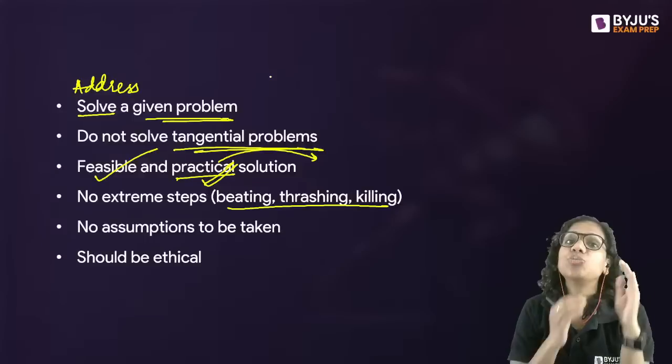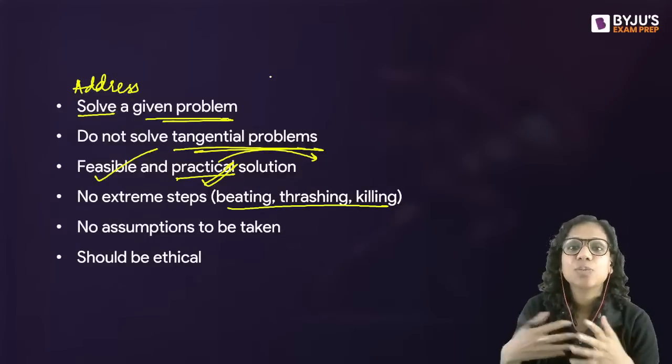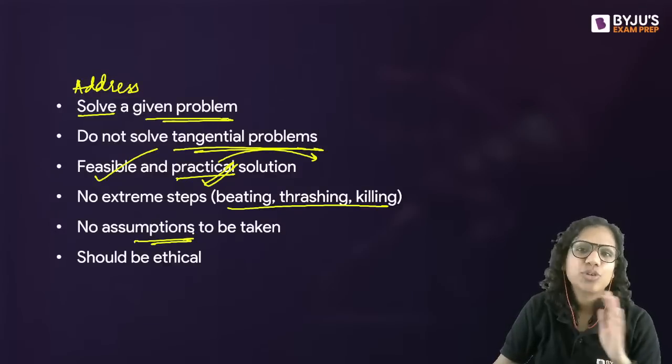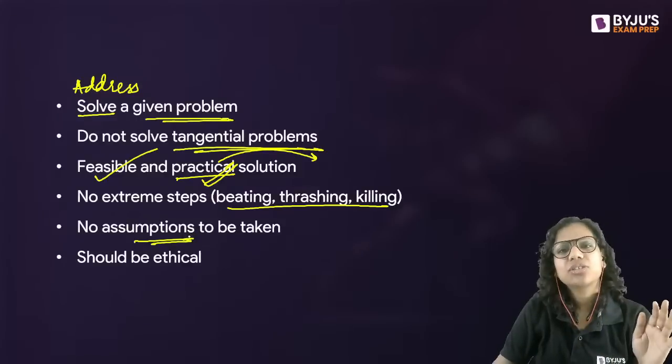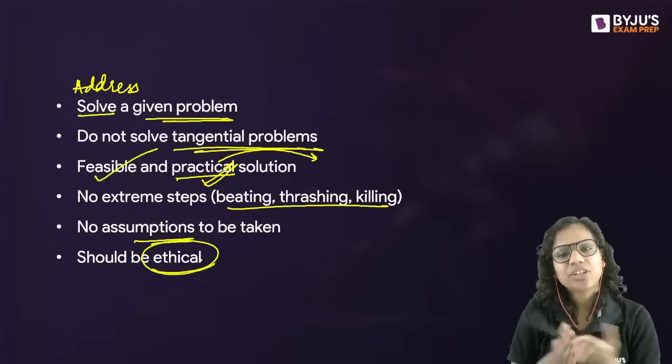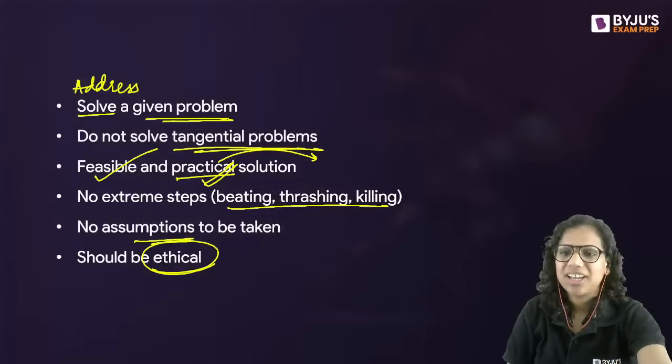So the situation has to be really extreme to justify expulsion of someone, right? Or banning something. Don't take any assumptions from your own end in any of the questions, not just this question. And any good, logical course of action will automatically be ethical also, right?